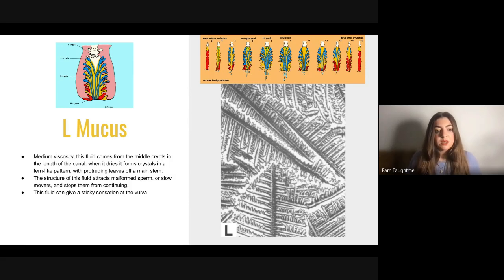And the purpose of this fluid is to attract malformed sperm or slow movers, or basically the sperm that are not genetically viable, and it's going to stop them from continuing. So it's a filter fluid, basically. It's filtering out the types of sperm that are not going to make it past the cervix. And that fluid may give a sticky sensation at the vulva when observed.